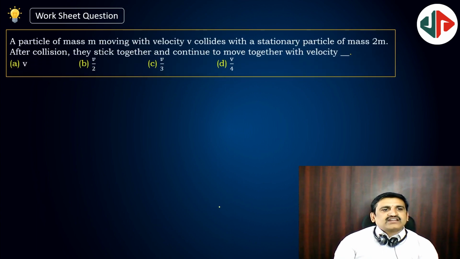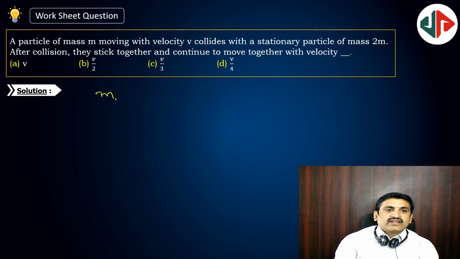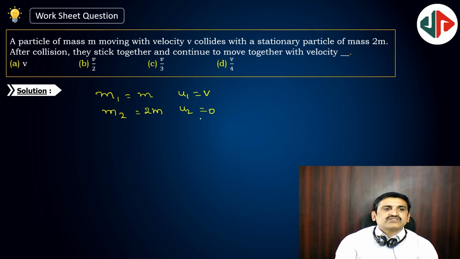A particle of mass m moving with velocity v collides with a stationary particle of mass 2m. m1 is equal to m, and m2 is equal to 2m, moving with velocity u1 is equal to v and collides with a stationary one, so u2 is equal to 0, and they stick together and continue.